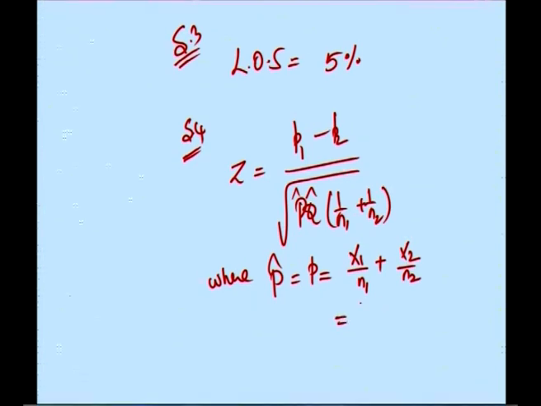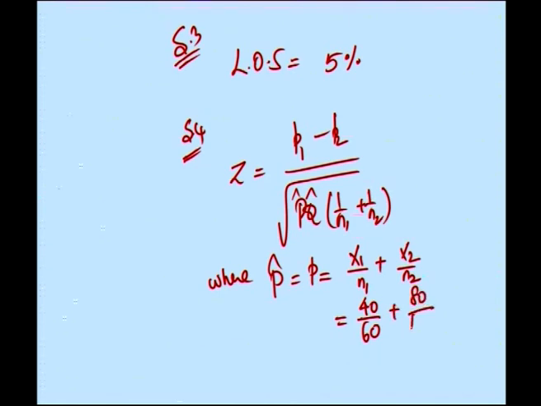This is with respect to the number of successes out of the total number of the sample. So, 40 by 60 plus 80 by 140, okay, and this value happens to be equal to 0.6.